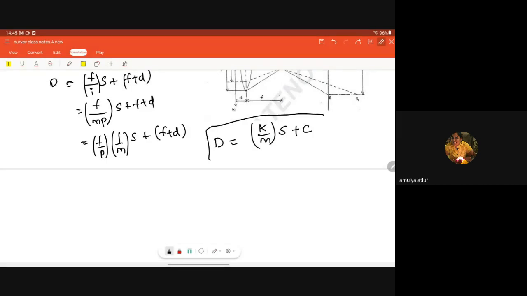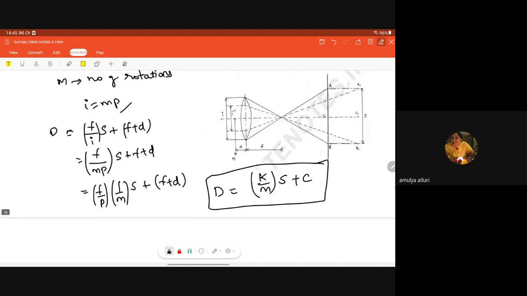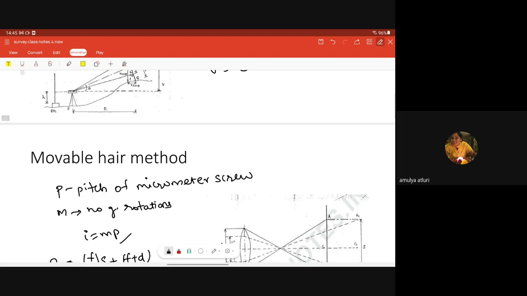This is your equation when you have movable stadia.